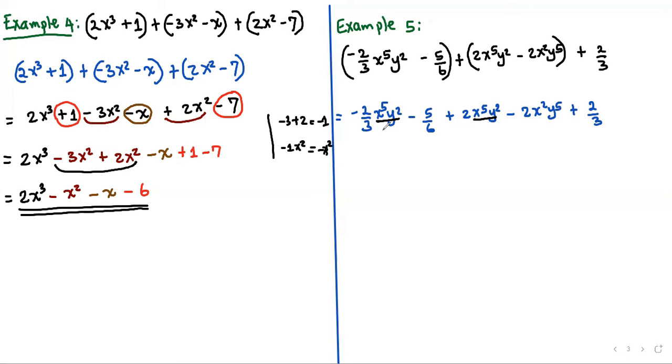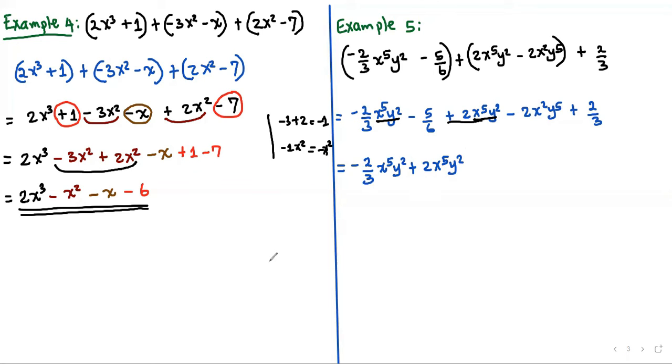So let's first write these together. So we write negative 2 out of 3 x to the power of 5 y squared plus, remember you take it with its sign, this one, you take the whole of it. So plus 2x to the power of 5 y squared.